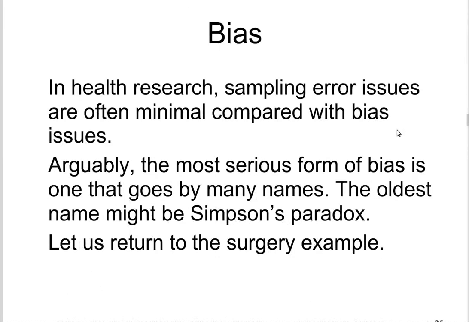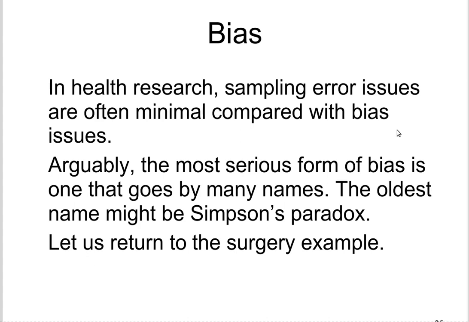In epidemiology in particular, and in biostatistics generally, a more crucial issue is bias. Arguably, at times it can be much more challenging for the researcher that there's bias. Sampling error is something that's comparatively easy to handle.